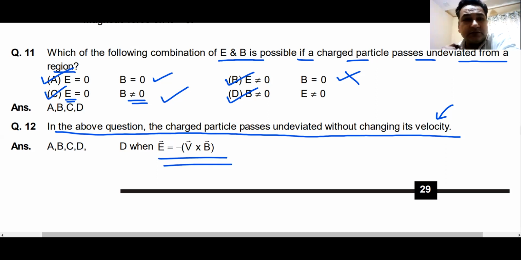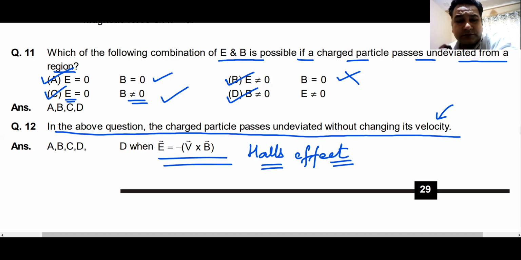Remember this condition, Hall's effect? Magnetic force in the upward direction, electric force in the downward direction.